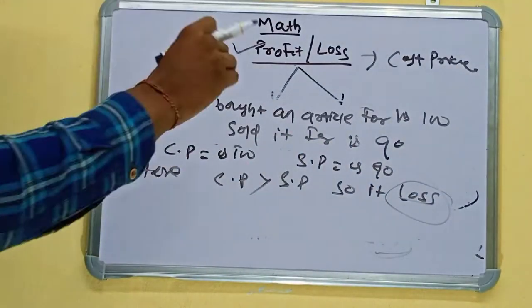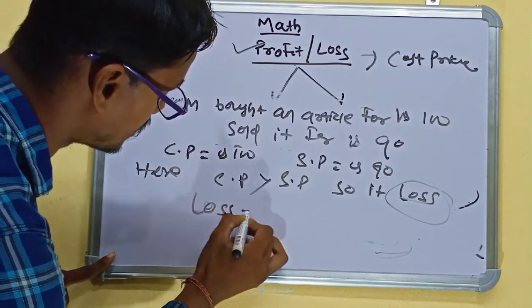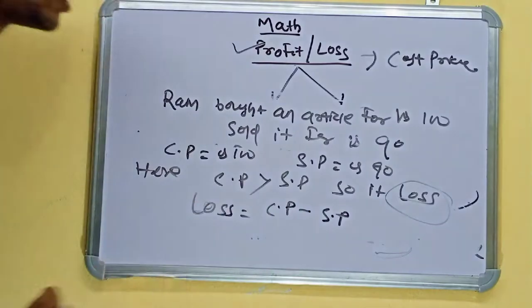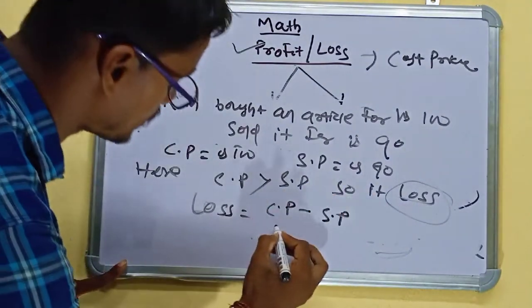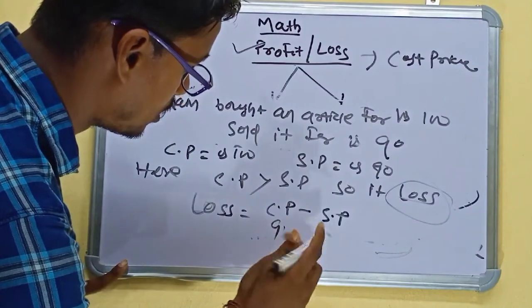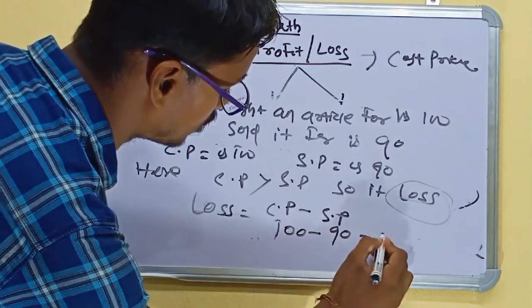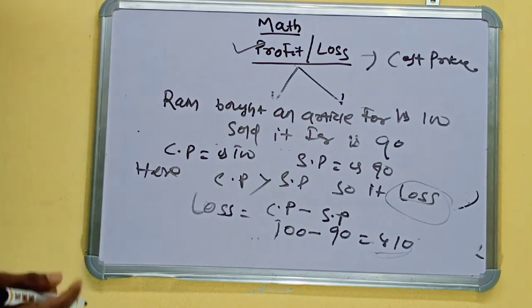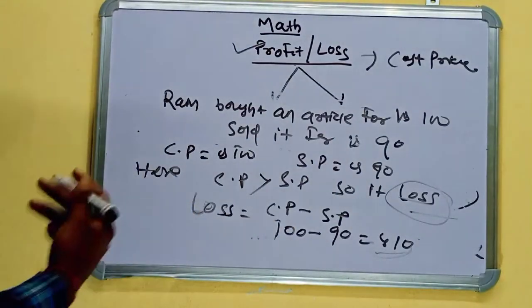How to calculate the loss? Loss is equal to CP minus SP, 100 minus 90 is rupees 10. It is the formula for calculation of a loss.